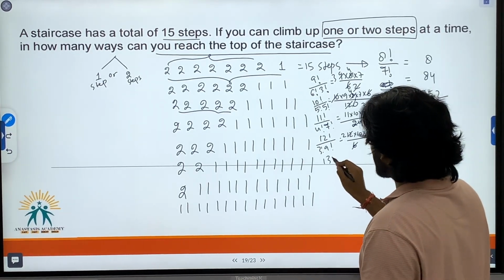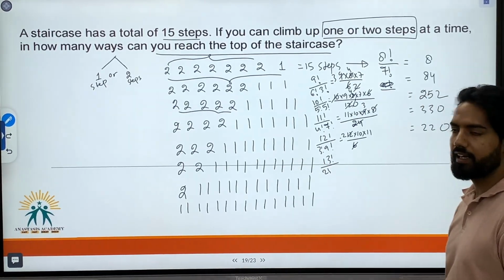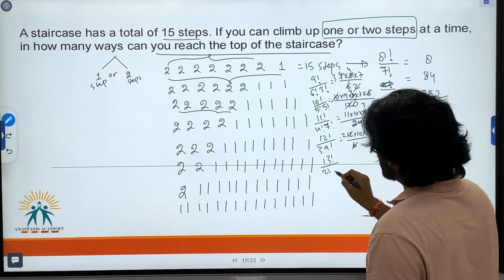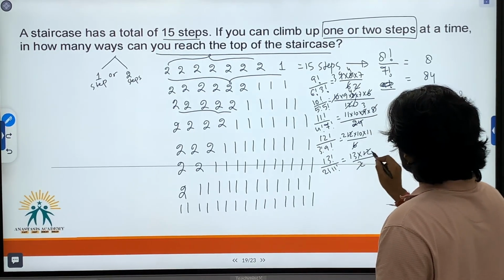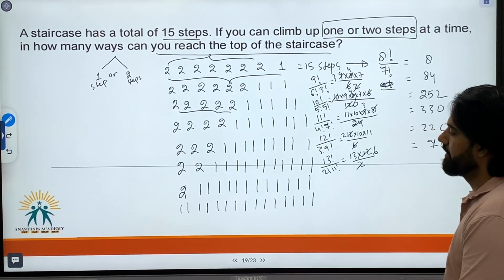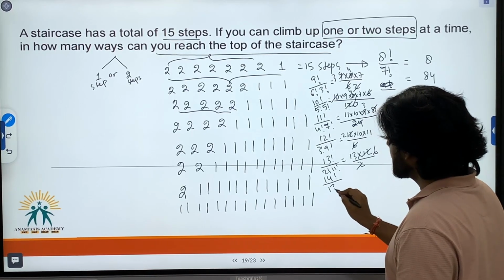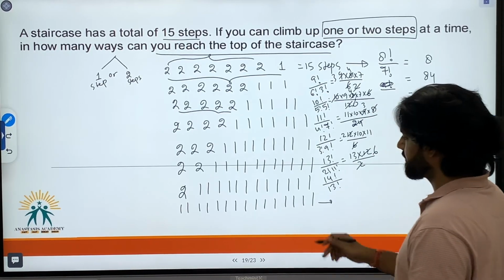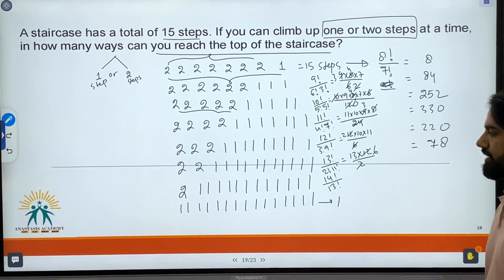Then 13 factorial divided by 2 factorial, 2 of one kind and 11 objects of one kind, it becomes 13, 12 by 2, which is 13, 6 is 78, right? And it becomes 14 factorial divided by 13 factorial, and last is nothing but one case, right?